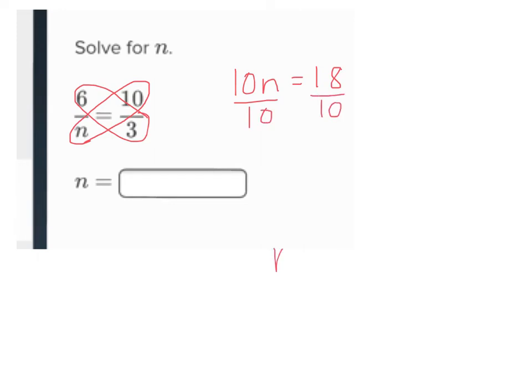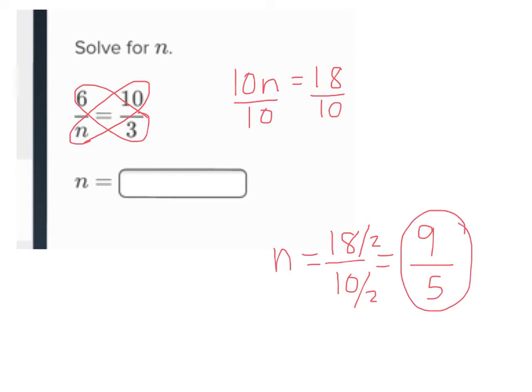And so I have n equals 18 over 10. And I can reduce that by dividing both by 2. So I'll divide 18 by 2 and I get 9. And I'll divide 10 by 2 and I get 5. And so my answer is 9/5. n equals 9/5.